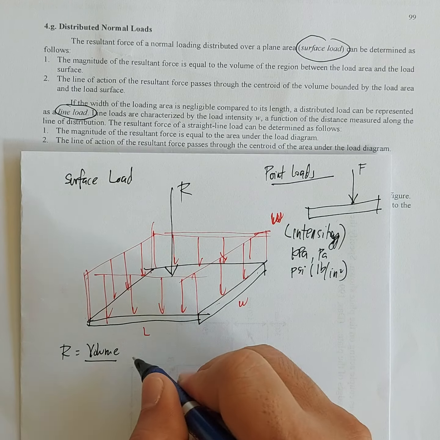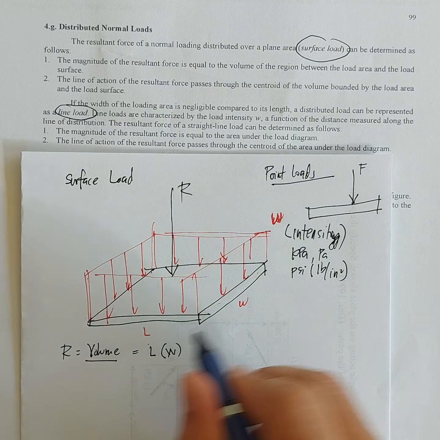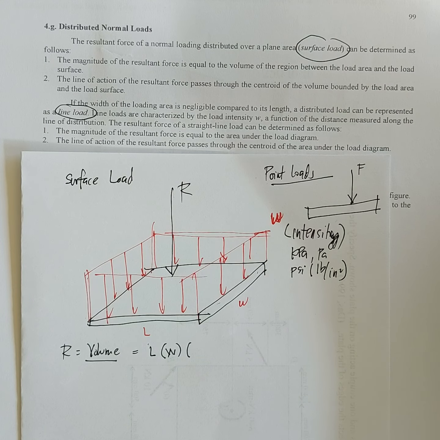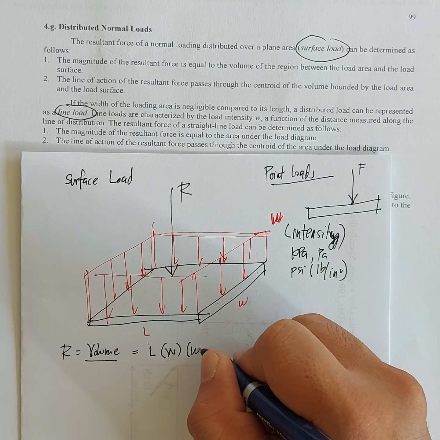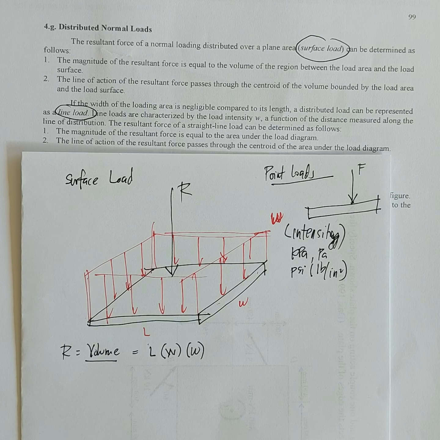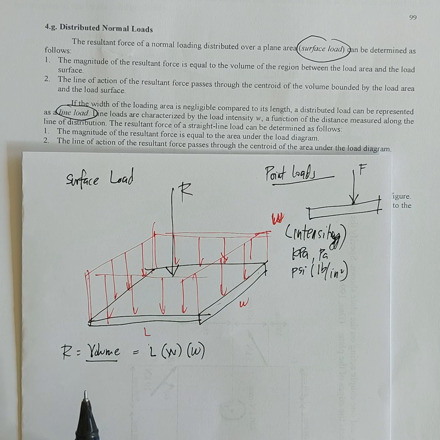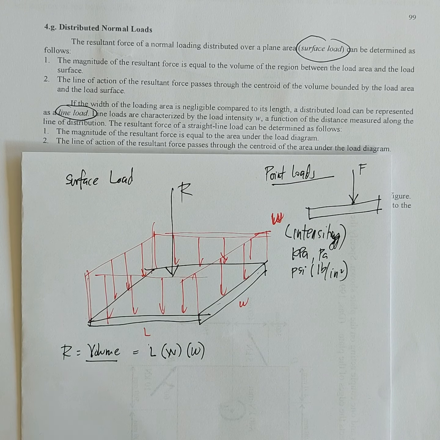So, in this example, this is equal to length times width. And then height niya, of course, is the intensity of the loading, which is small letter omega or w. So that's how we solve for the resultant. So for surface loading, the resultant is simply the volume of the load.